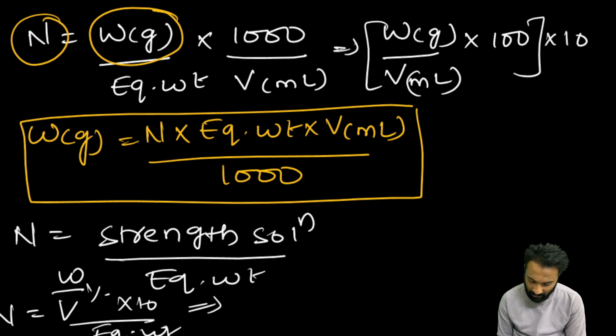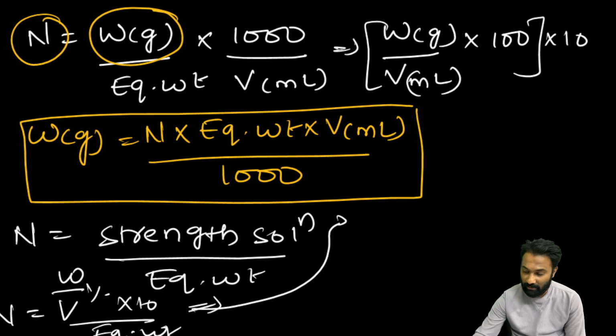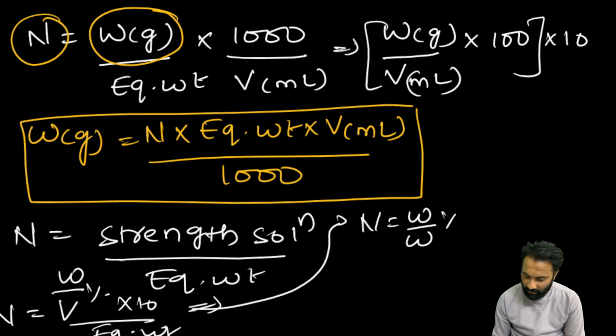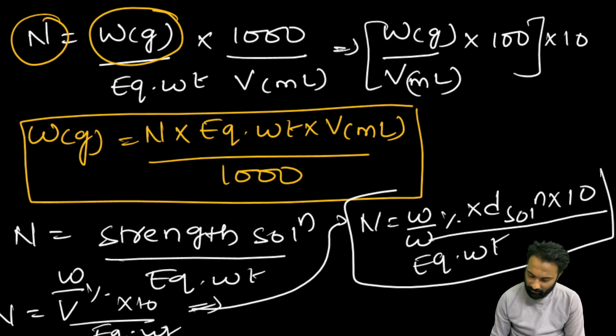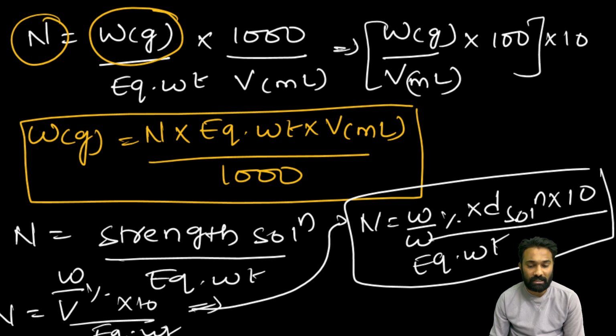This equivalent weight we can expand in another way. Already I explained how to expand this formula. Normality is equal to weight by weight percentage into density of solution into 10 by equivalent weight. This is one very important formula we got: weight by weight percentage into density of solution into 10 by equivalent weight.